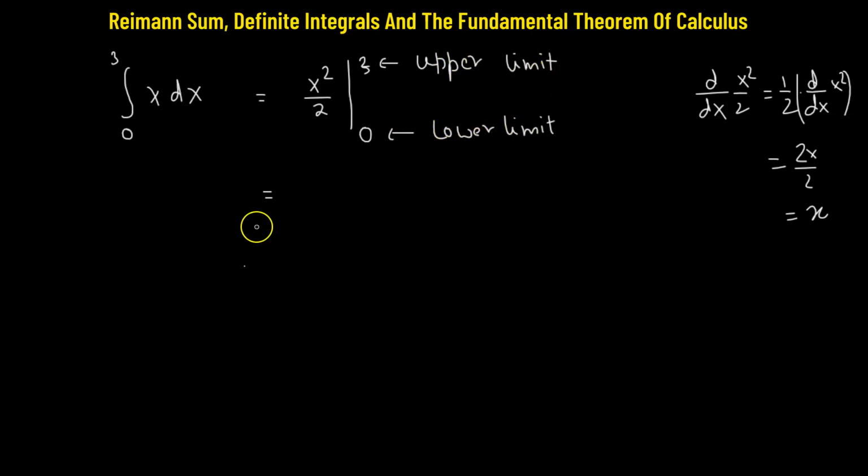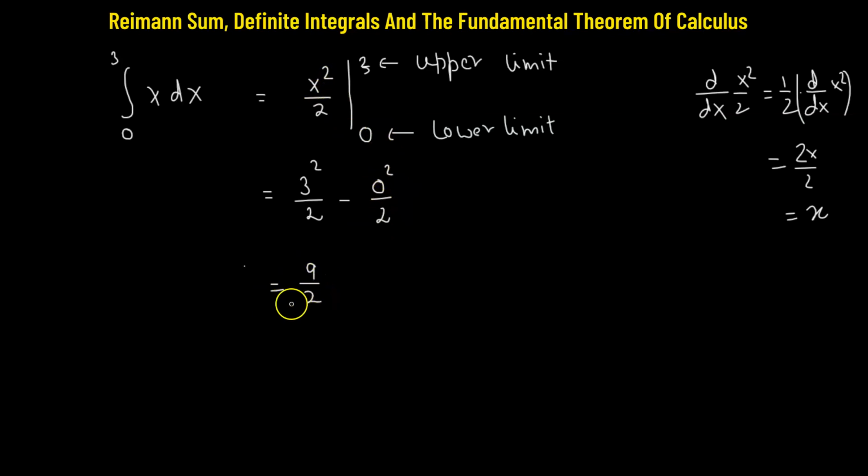We'll always start with the upper limit. So we have x squared over 2. In place of x, we replace it with the upper limit value, which is 3. So we have 3 squared over 2 minus, then we replace the value of x with the lower limit value, which is 0. So we have 0 squared over 2, and this gives us 9 over 2.